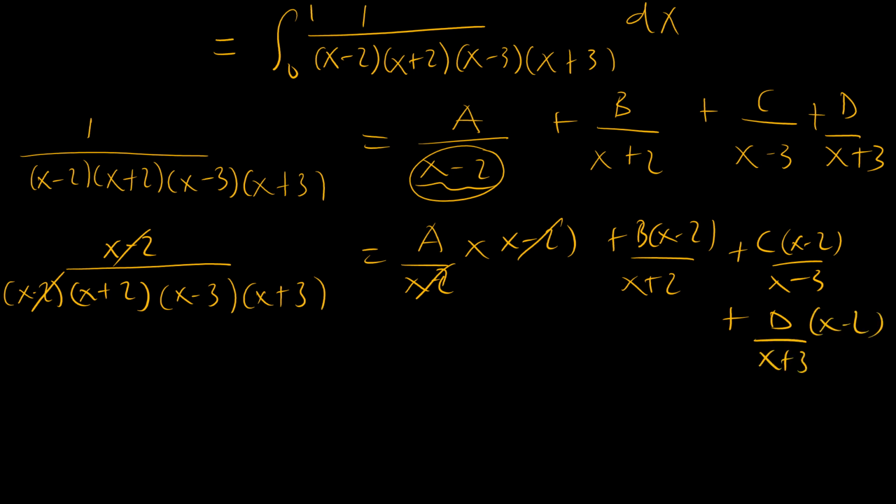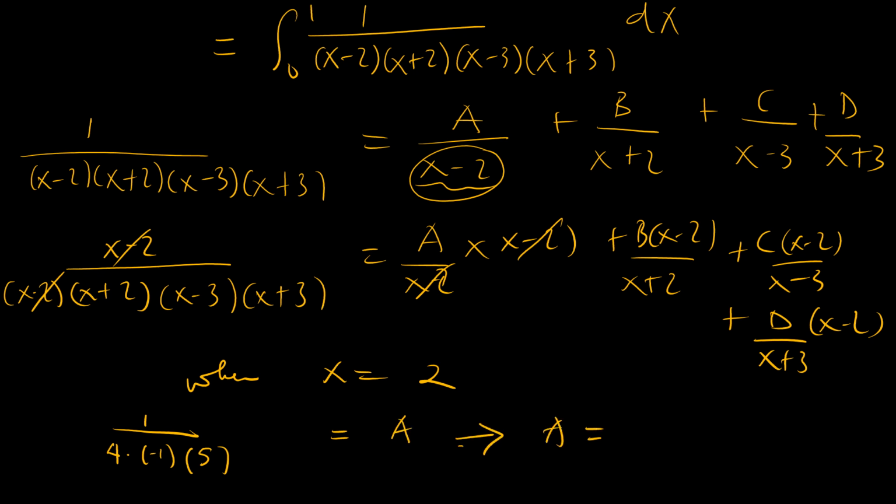So when x equals 2, we have 1 over, this becomes 4, this becomes -1, and this becomes 5, equals a, and the rest becomes 0. So that means a is equal to -1/20. Okay.